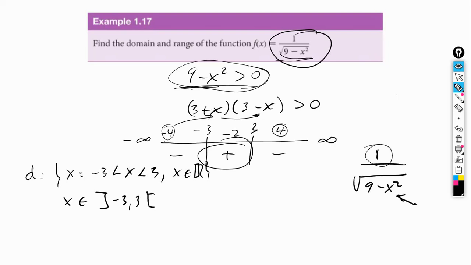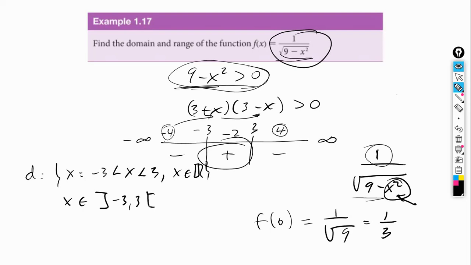So when is this the largest? Well, when x equals 0. So what happens when x equals 0? Let's test it. So what is f of 0? F of 0 is 1 over square root of 9 minus 0, so just square root of 9. In other words, 1/3. That would be the lowest value. Anything else in the interval between -3 and 3 will be larger than that.